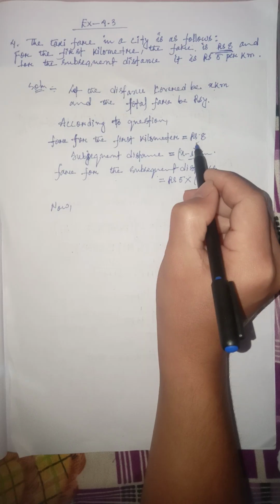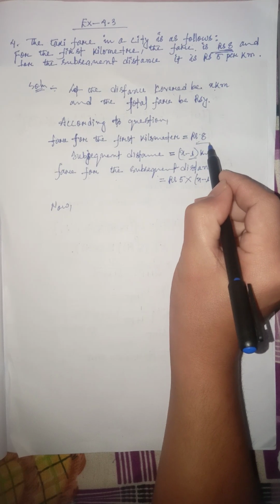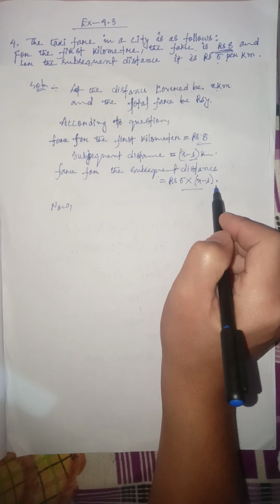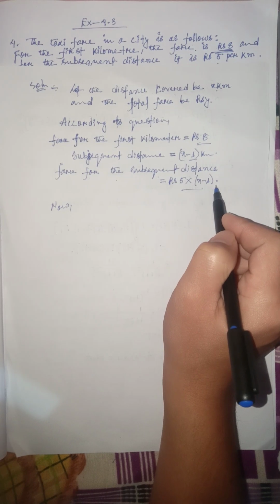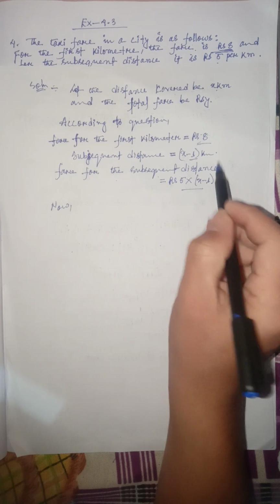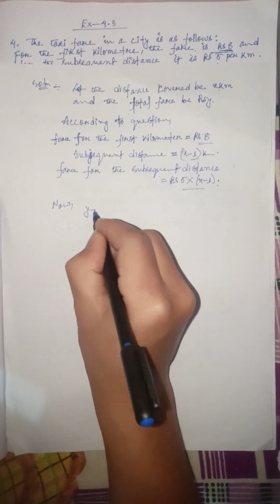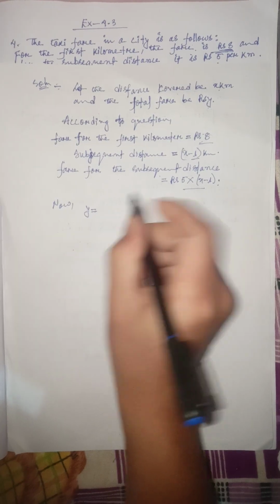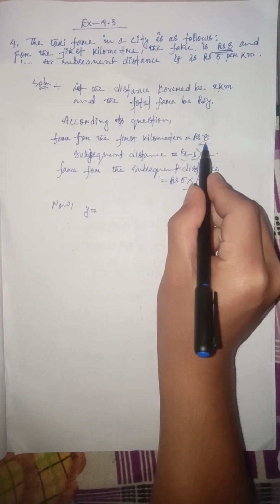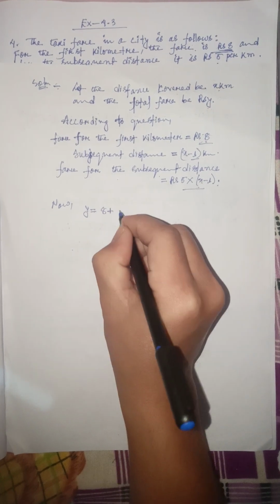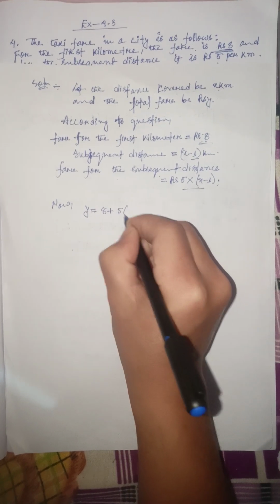For the first kilometer, the fare is this one, and for the subsequent distance, the fare is this. If we add these two, then we will get the total fare. And the variable we use for denoting the total fare is y, right? Means y will be equal to the sum of these two, which is the total fare.